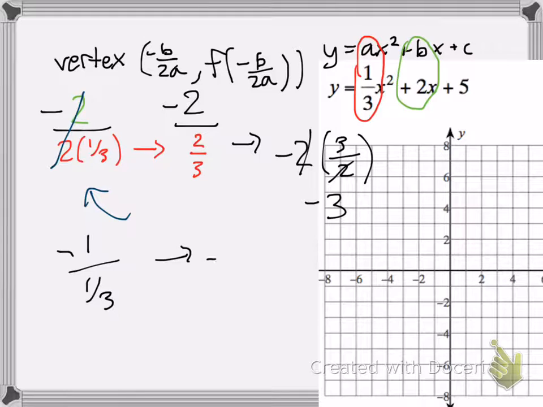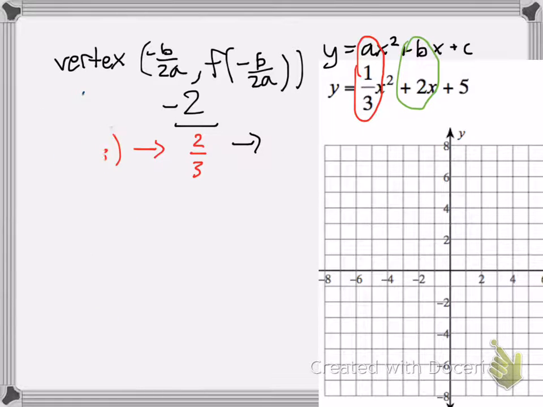That's the same thing as negative 1 times 3 over 1. And either way I do it, I'm going to get back to 3. So in any case, the x-coordinate of my vertex is 3. Negative 3, sorry. And now let's plug negative 3 back into my equation to figure out what the y-coordinate is.